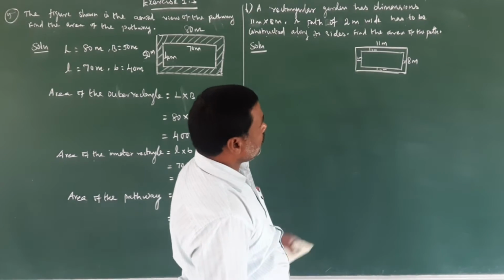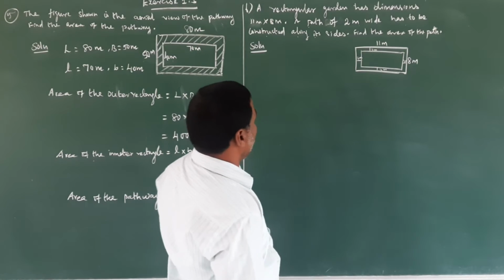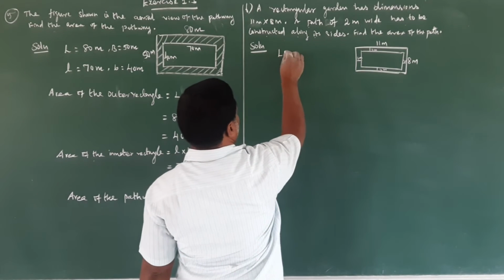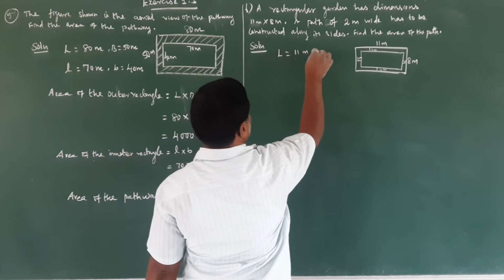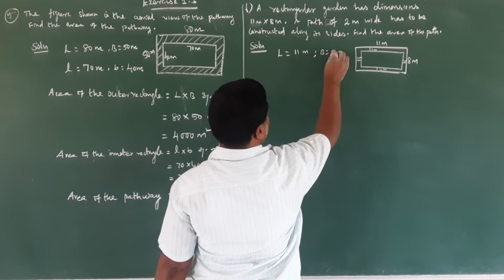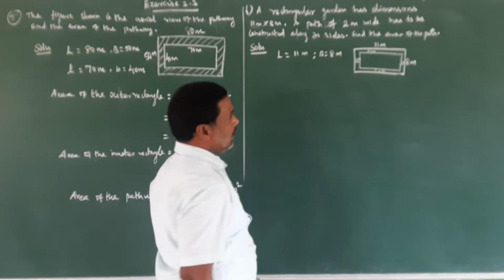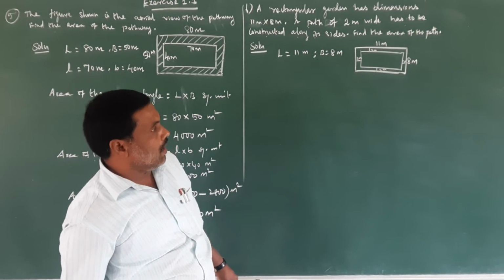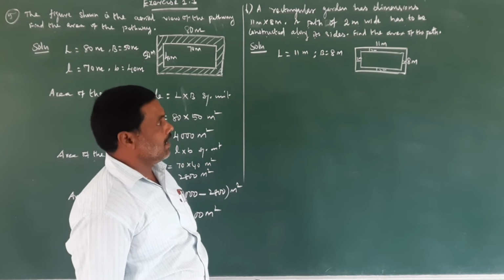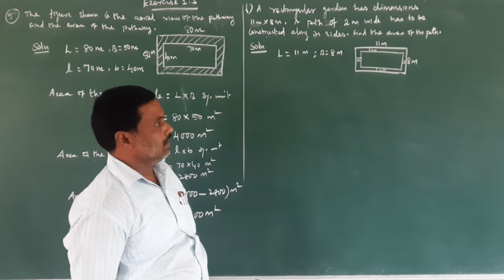Now capital L is 11 meter, capital B equal to 8 meter. Now small l, small b.